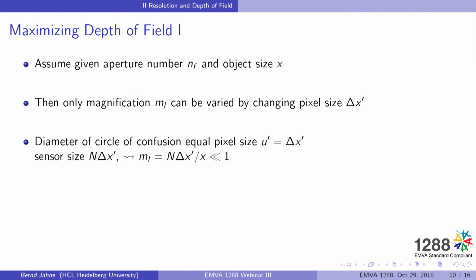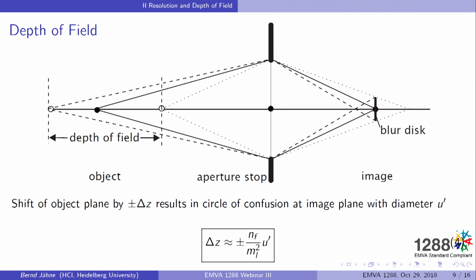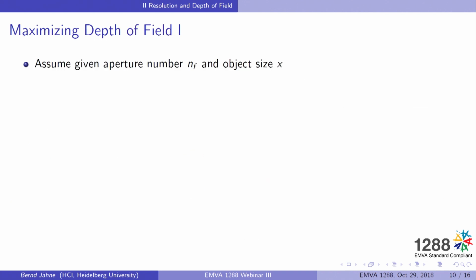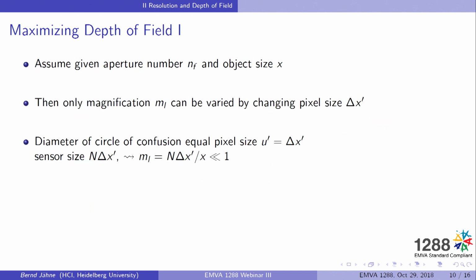Our sensor, if it has n pixels in one dimension, would then have a size of n delta x prime, and that means immediately that the magnification is the image size, n times delta x prime, divided by x, and this is normally very small. So now, if I go back, I can take this equation at the bottom and put in the magnification ratio, which I have calculated according to this equation here.